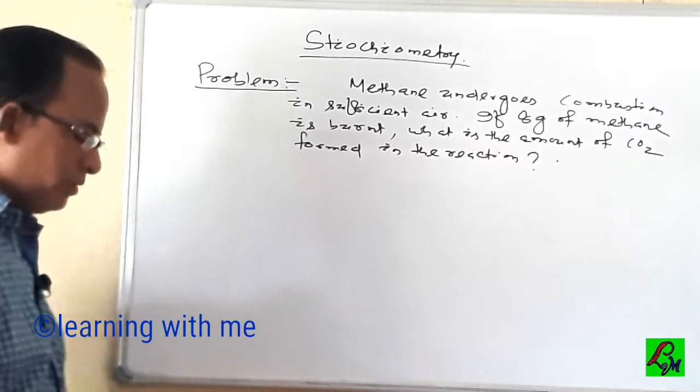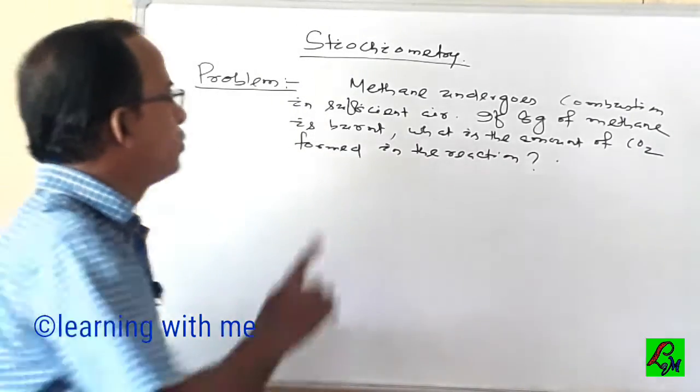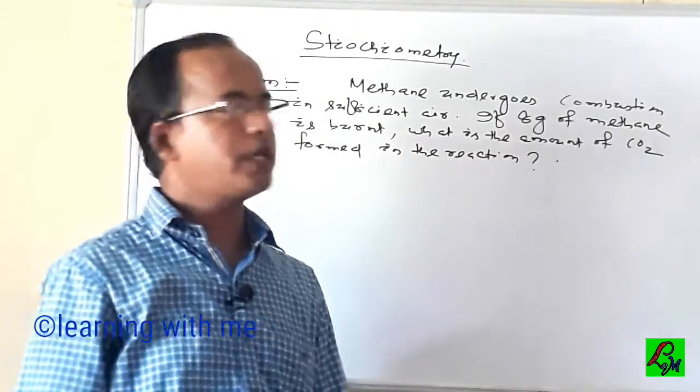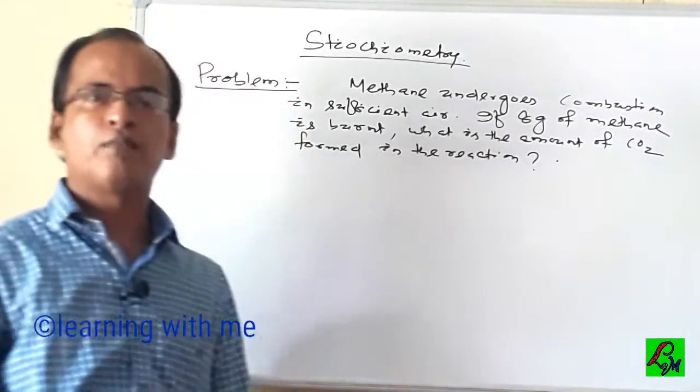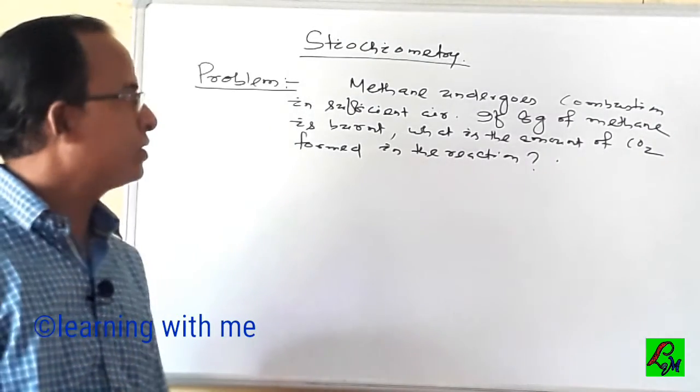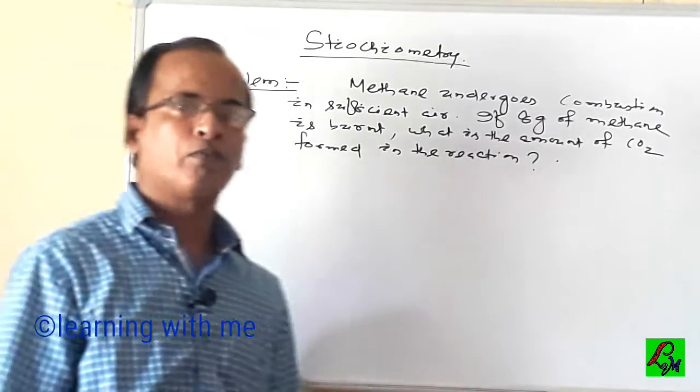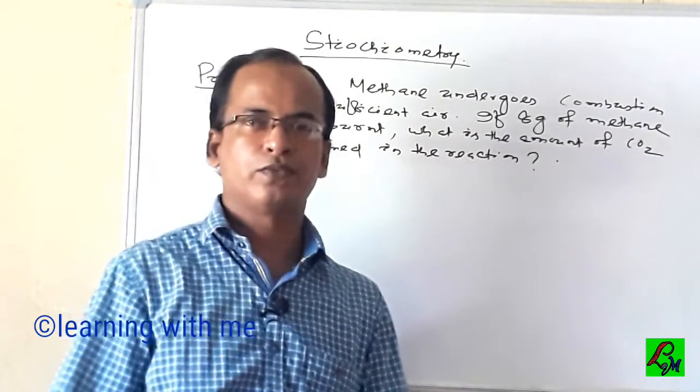This is the question. Methane undergoes combustion in sufficient air, and if 8 gram of methane is burnt, what is the amount of carbon dioxide formed in the reaction?